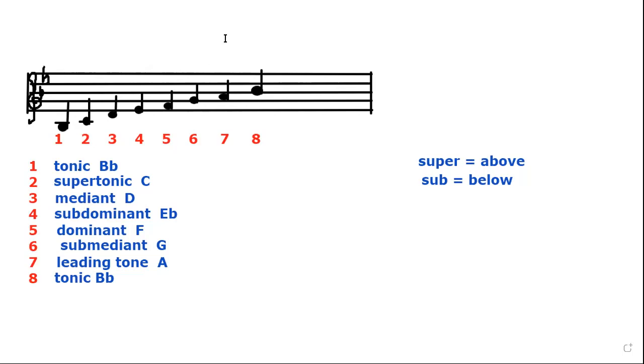I don't know if you can see that. Maybe I can get my draw skills on here and go below. Oh, it's a pretty bad arrow. All right, so this sixth scale degree is a third below the tonic.